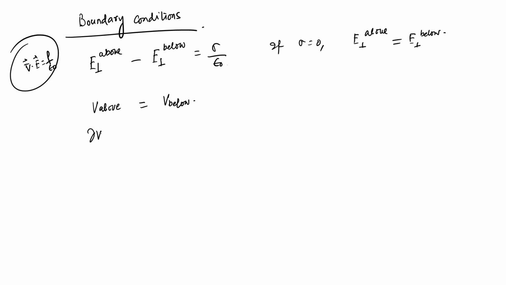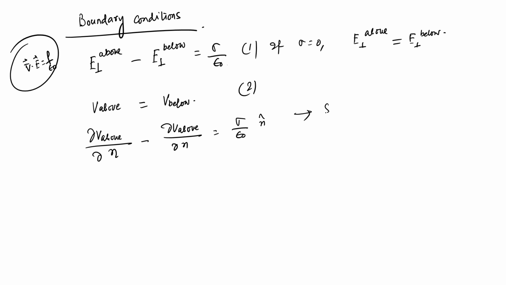And so, del V above minus del V below along n, where n is the unit drawn normal, which is nothing but the field, is equal to minus sigma by epsilon 0 n cap, which is the same as equation 1. So, this is equation 2 and this is the same as equation 1, just stated in this form, really along the n cap direction.